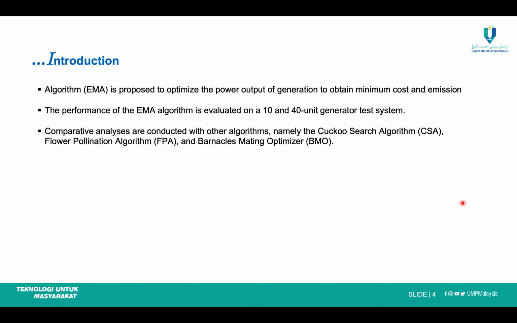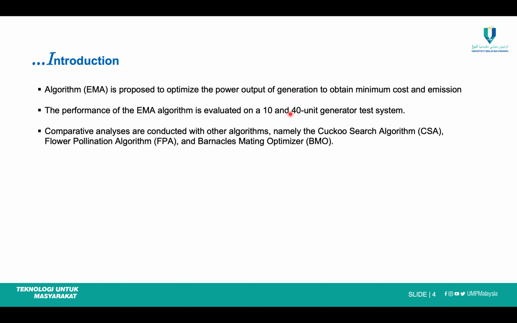So EMA, the evolutionary mating algorithm, is the most recent algorithm that we have developed this year. Basically, we use this algorithm to optimize the power output of generation to obtain the minimum cost and emission. The performance of the EMA algorithm is evaluated using 10 and 40 generator units, but in this presentation I will present only the 10 generator units.